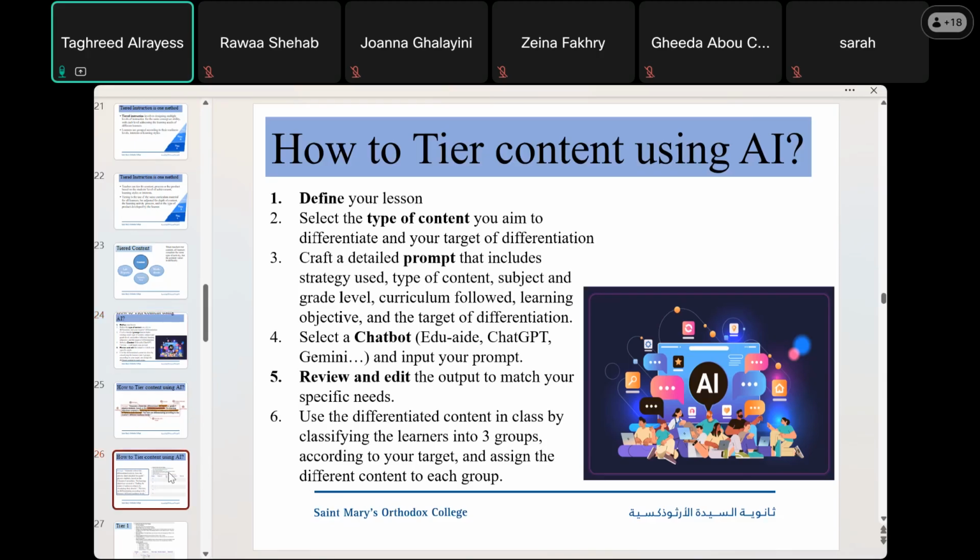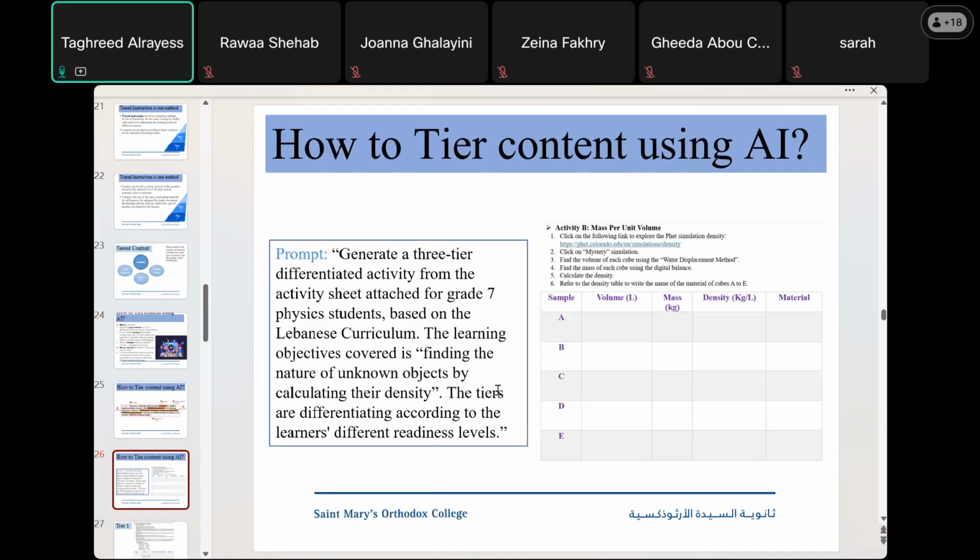In order to make things a little bit more practical and a little bit more clear, I'm going to show you how I applied this strategy in my physics classroom. In this lesson, it was a lesson about density, and I wanted to differentiate the content in this session. So I wrote the following prompt: generate a 3-tier differentiated activity from the activity sheet.